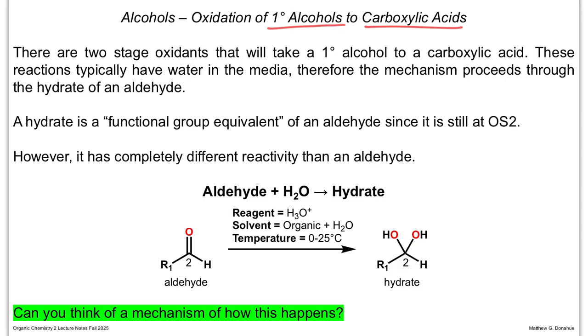If it stays the same, so 2 to 2, that's just called an equivalency. And why does this exist? An aldehyde and a hydrate are obviously different functional groups, and they will have different reactivity.